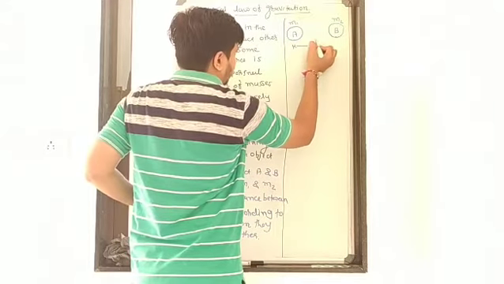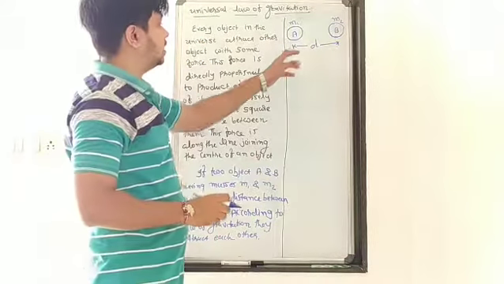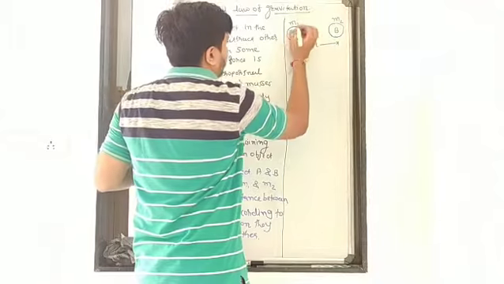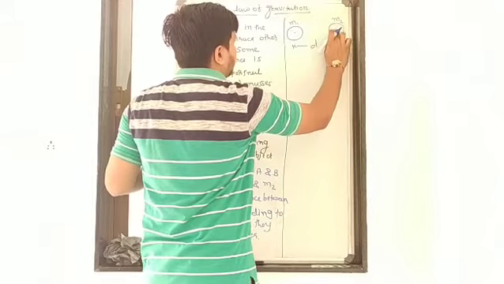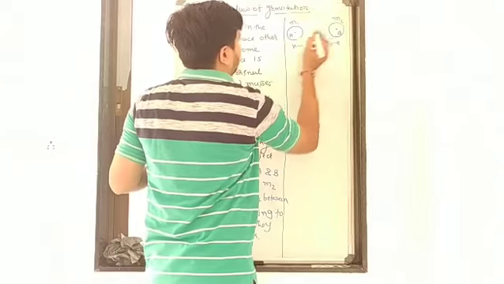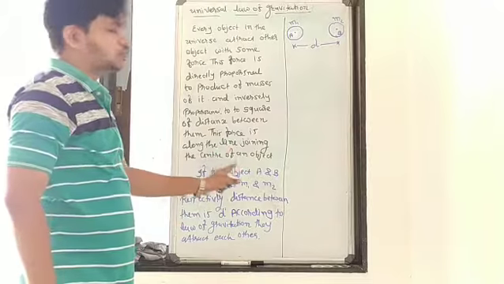Now you have to understand that the distance is measured from the center of the object, right? If here it is the center, then you have to take the center of that object. Now, the force is along the line joining the two centers.